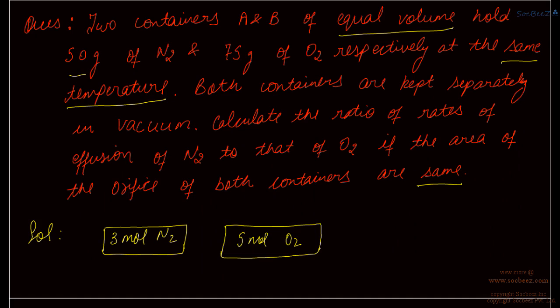Since all the other factors are same, volume is same, temperature is same, and area of orifice is same. Since volume and temperature are same, pressure is directly proportional to the number of moles of gases. So therefore, this implies P N2 upon P O2 equals 3 upon 5.